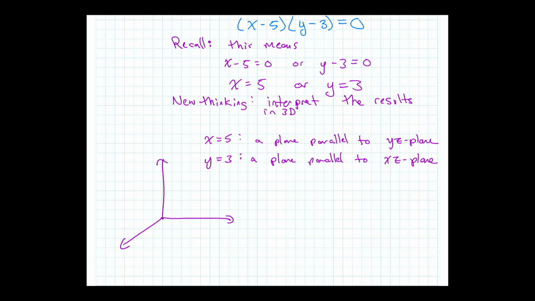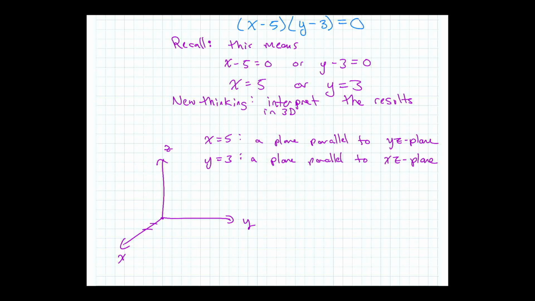So you've got x, y, z. So first of all, you've got x equals 5. X equals 5 is parallel to the YZ plane. The YZ plane is this back face here. So we're going to go this direction, and then we're going to draw a big square here.